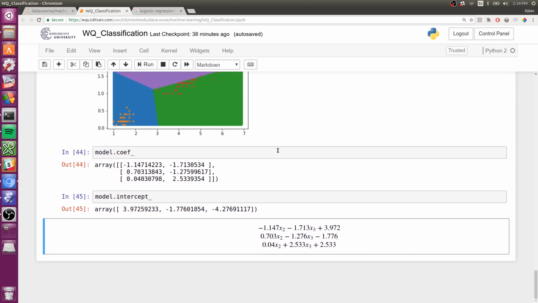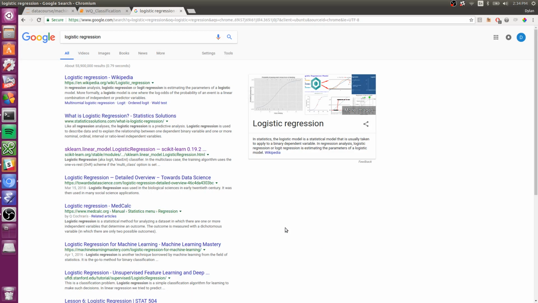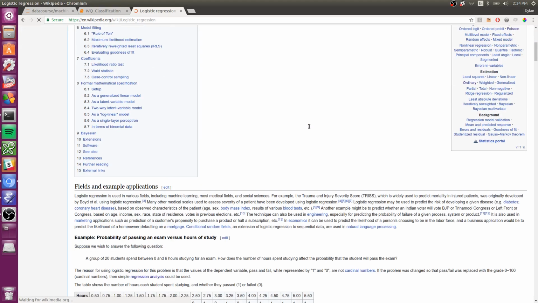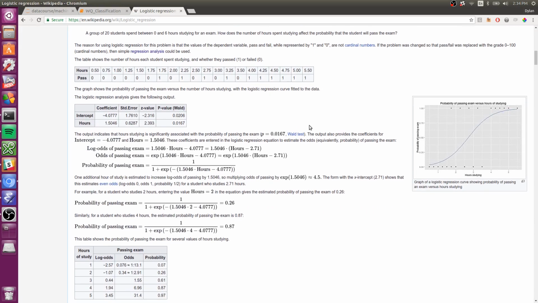And the way that we get from these to probabilities, right? These will be arbitrary numbers. x2 could be any number, and minus 1.14 times x2 could also be any number from negative infinity to positive infinity. So the way we get to probabilities in the end is by applying what's called the sigmoidal function.